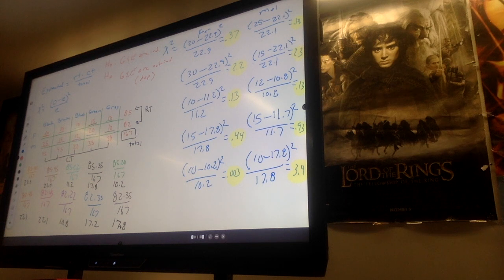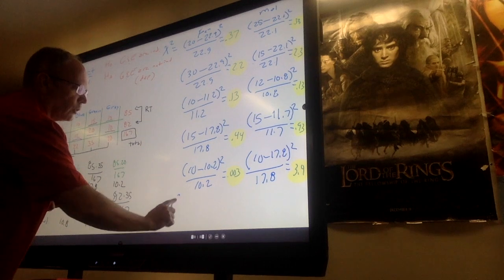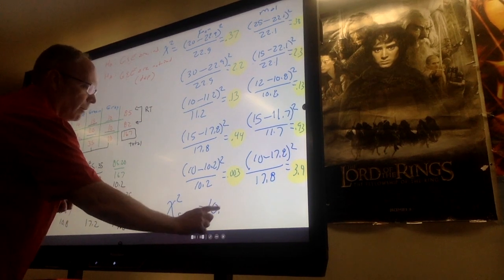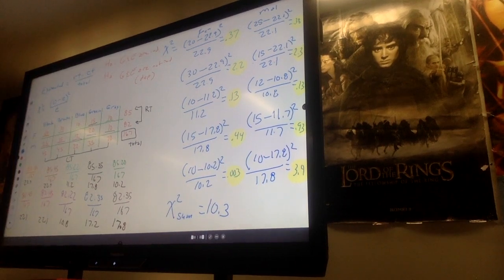The sum of the chi-squared, if I did this right, should come out to about 10.3. I added up all those yellows. I think I did it right.